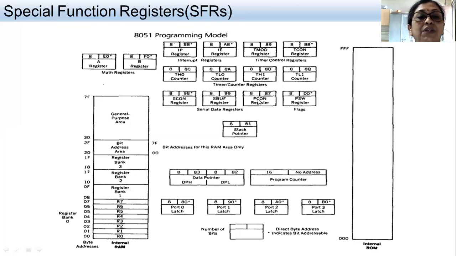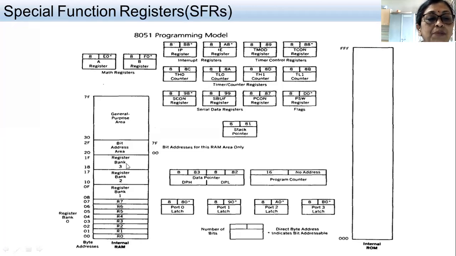You can observe the screen, and in this screen you can observe the special function registers. Along with the special function registers, the RAM is also shown here. Already we have studied the internal RAM organization. In this we have studied there are 4 banks, and each bank has 8 registers.